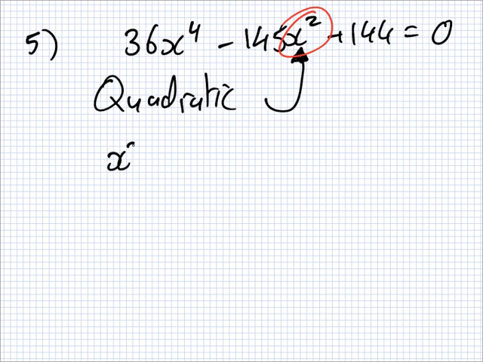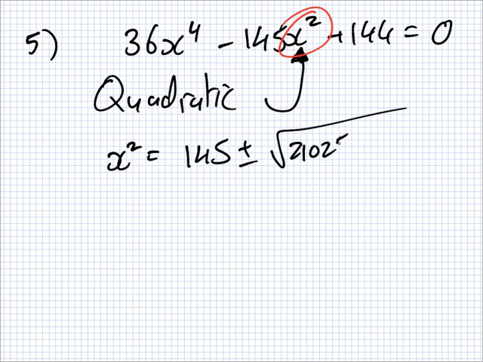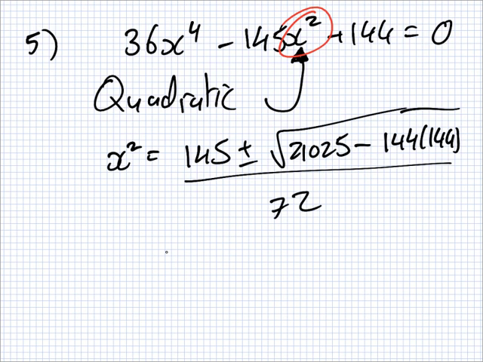So we have x squared equals minus b plus or minus the square root of 21025 minus whatever 144 times 144 is. Just give me a moment. 72.